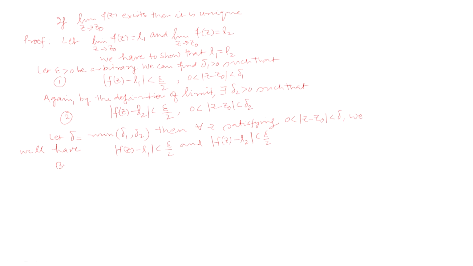Now, let us apply triangle inequality. So, by triangle inequality, mod of L1 minus L2 is less than or equal to mod of f z minus L1 plus mod of f z minus L2, and each one is less than epsilon by 2 in the common neighborhood, that is 0 less than mod of z minus z naught less than delta.